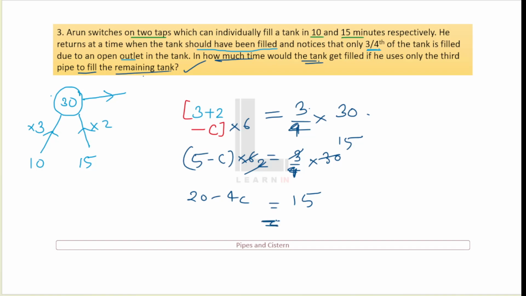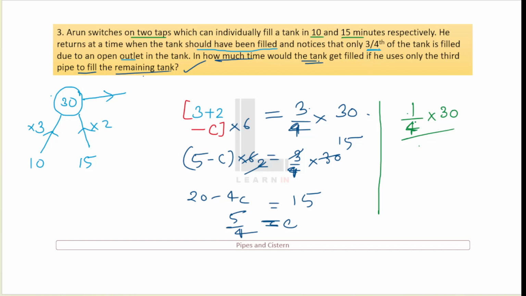Now 5 upon 4 would be the value of C. Now let us move forward, and the final answer that we are looking for would be, I think, 30 upon 5... no, not 30. We need to fill 1 upon 4th of this. Here is where you could have gone wrong.